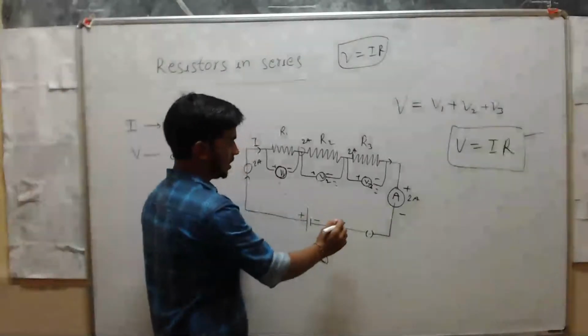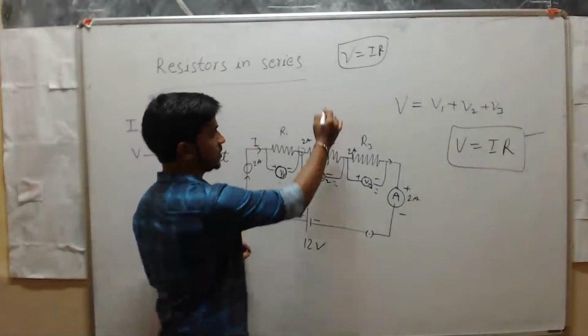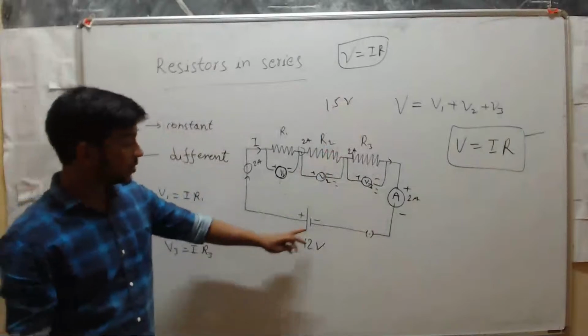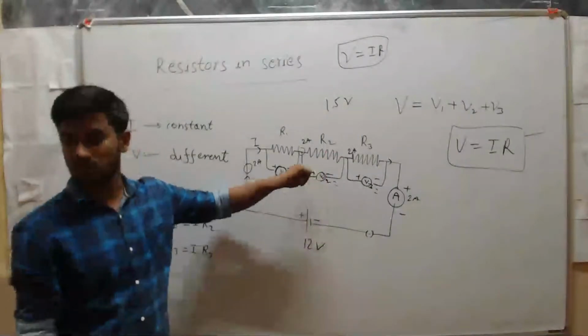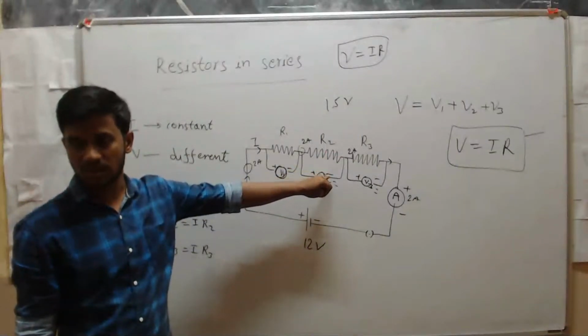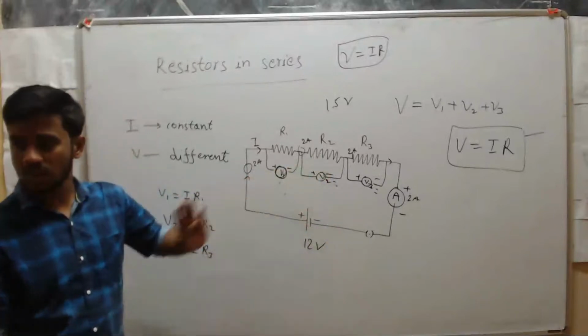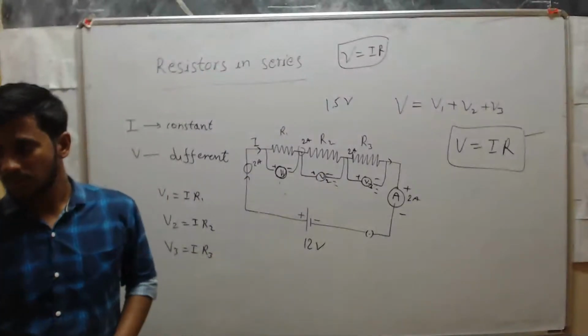Sometimes they will use a 12 volt cell, sometimes a 1.5 volt cell. You have no need to draw three cells for these three resistors. You can draw one or two, that is correct.